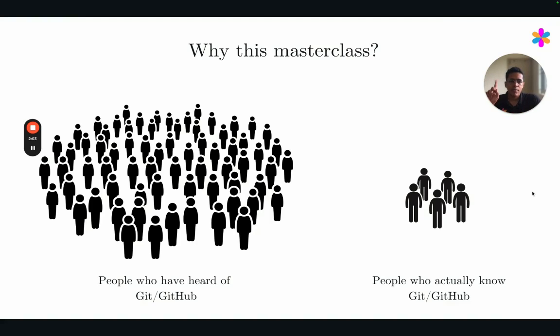And we have a singular mission in this course, which is to take you from this left-hand side group of people to the right-hand side group of people. If you follow this masterclass throughout till the last lecture, and if you do all the assignments that are part of this course, I sincerely believe that you will be in a very, very good shape.